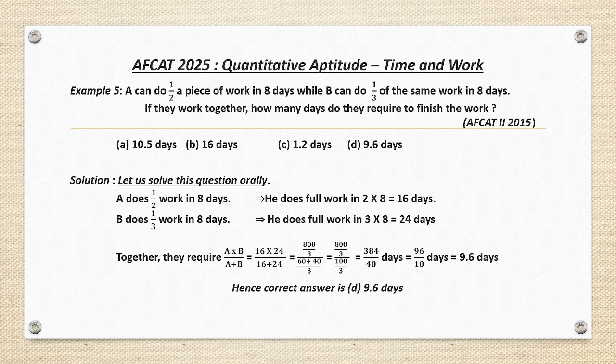A does it in 16 days, B does it in 24 days. The question asks how many days they require together. We have the formula: A into B whole divided by A plus B. 16 into 24 whole divided by 16 plus 24.